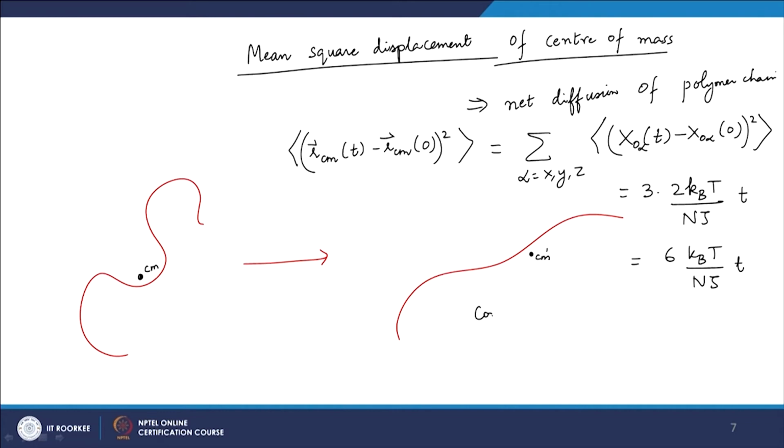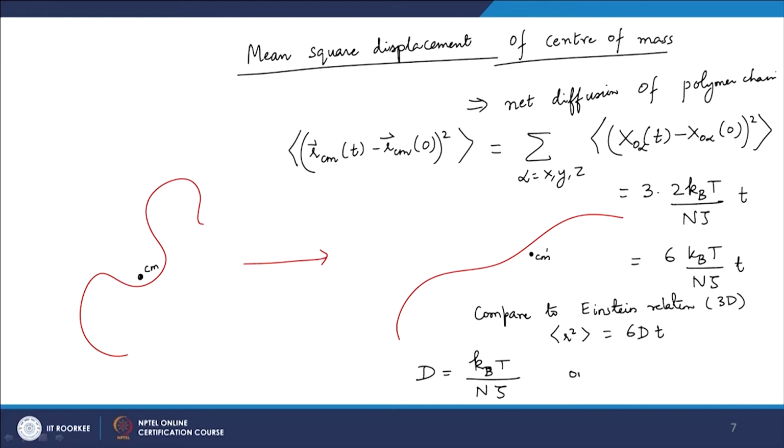And if I compare to the relation that we derived for 3 dimensions, the Einstein relation, in 3D, what we can get is, for a polymer chain, the net diffusion is given simply as kBT by N zeta, or we can say that D goes like 1 by N. That is, if I increase the number of segments, the diffusivity decreases.